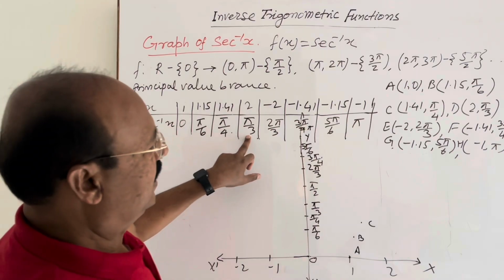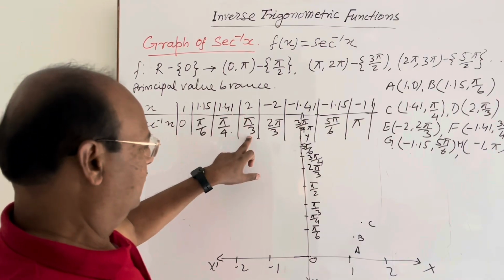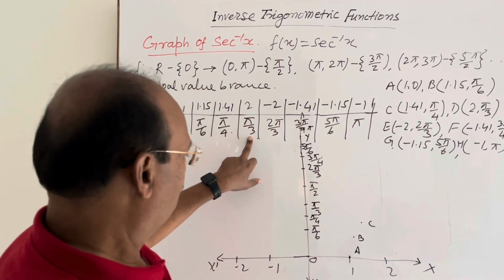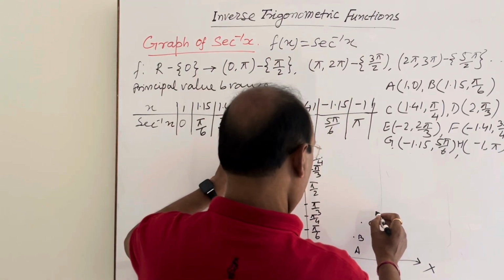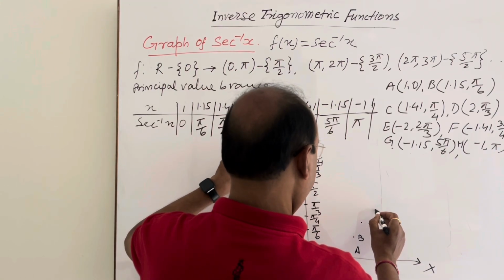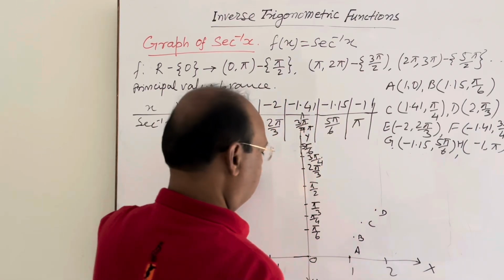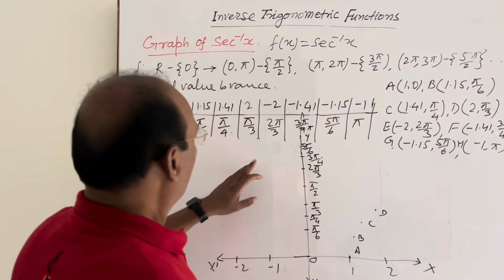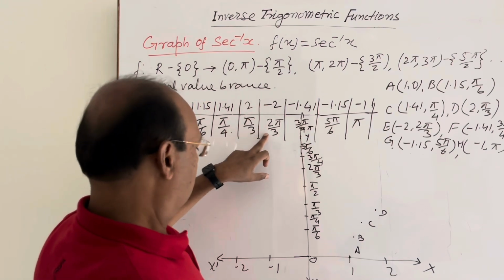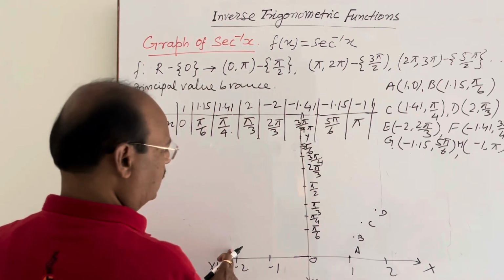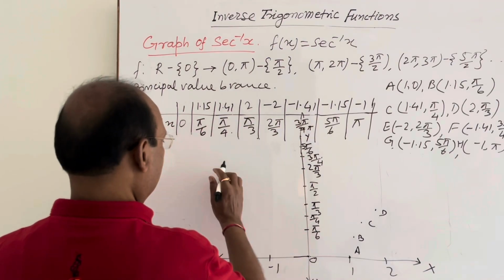Then point D has coordinates 2 and pi by 3. So we can take a point here roughly. Point D. The next point has x coordinate -2 and y coordinate 2 pi by 3. So -2 is here, 2 pi by 3 is here.